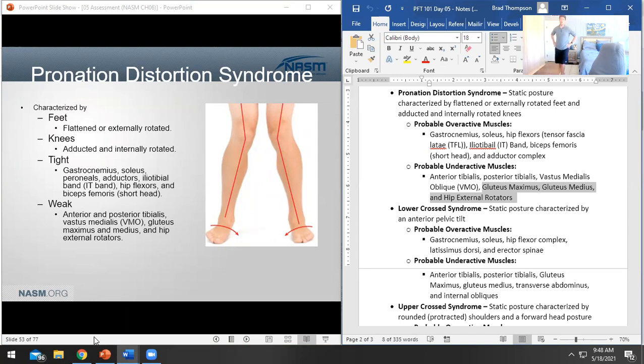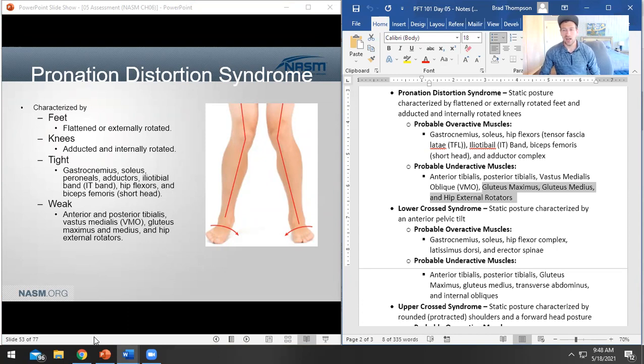Well, then I also need to strengthen my gluteus maximus, which does external rotation, right? It drives my leg this way. So I'm going to scoop back like that. So exercises where I abduct and externally rotate are going to be the kind of exercises that I focus on to strengthen my glutes. And that's going to fix my knees caving in, right?